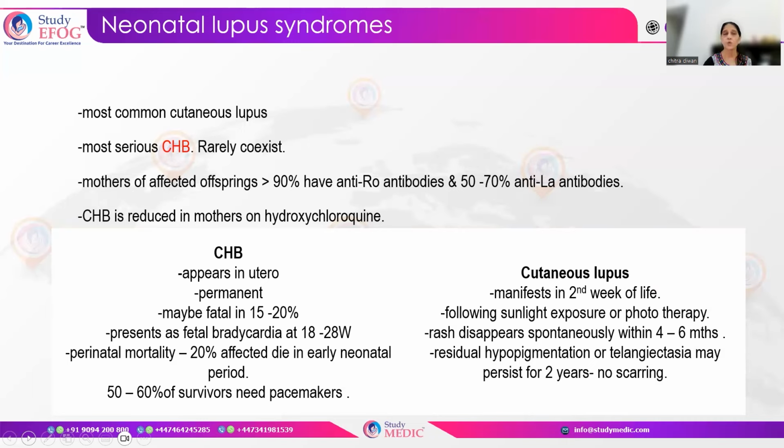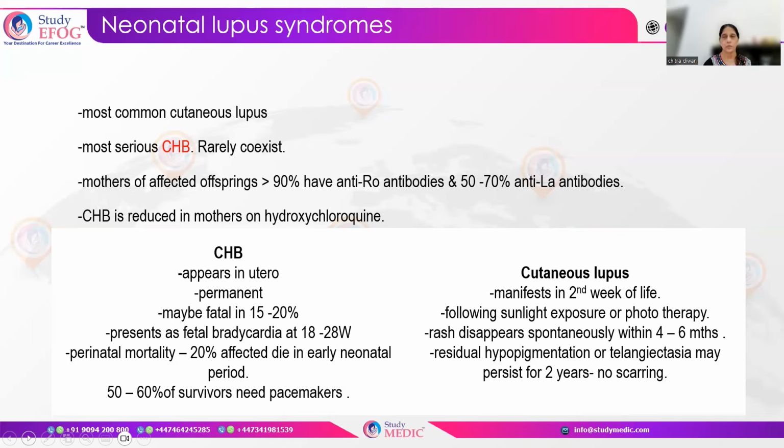Fortunately, the two do not coexist. Now, mothers of affected offspring, more than 90% of the mothers have anti-Ro antibodies and 50 to 70% have anti-La antibodies. The risk of congenital heart block is reduced in fetuses, the mothers of whom are on hydroxychloroquine.